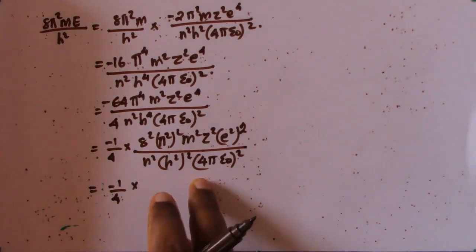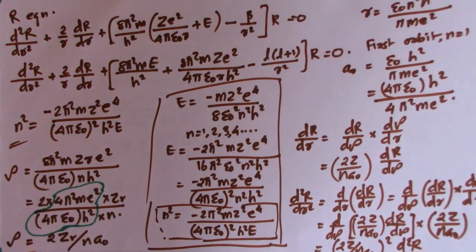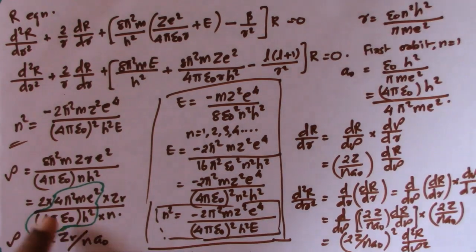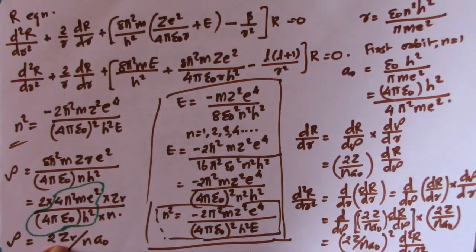What is that? You can find it here. See, it is 2z divided by na0.